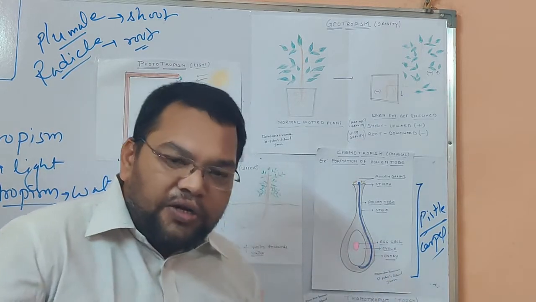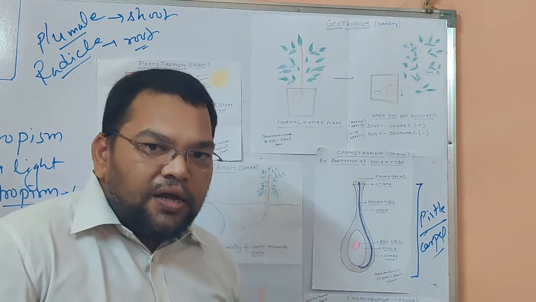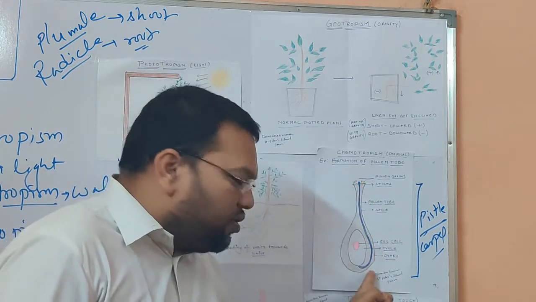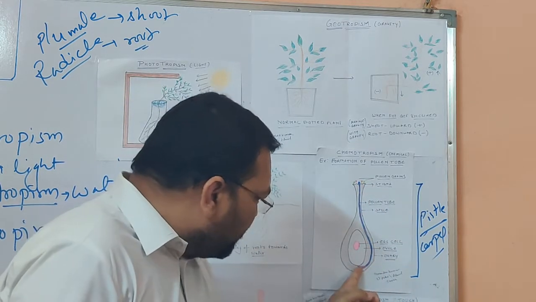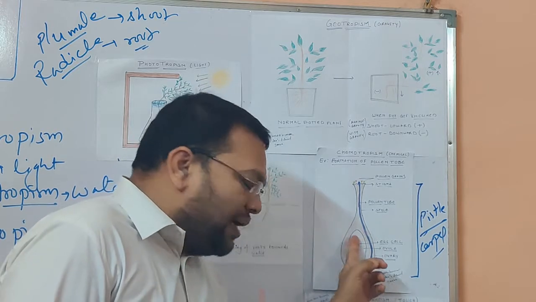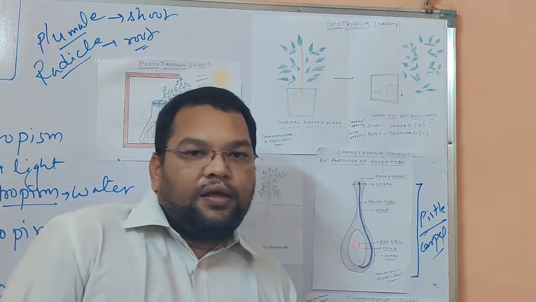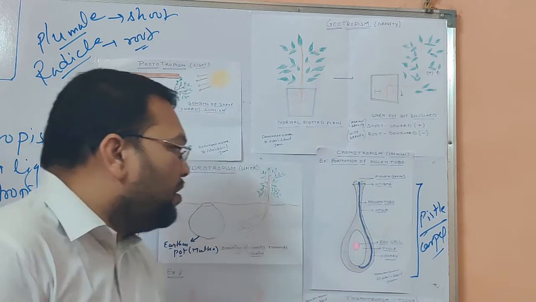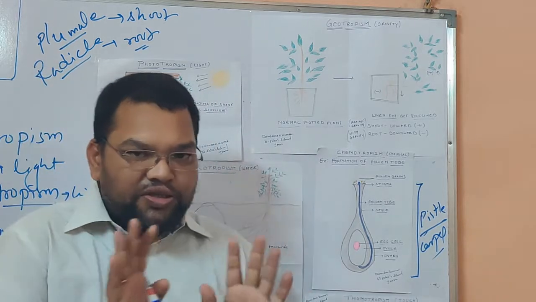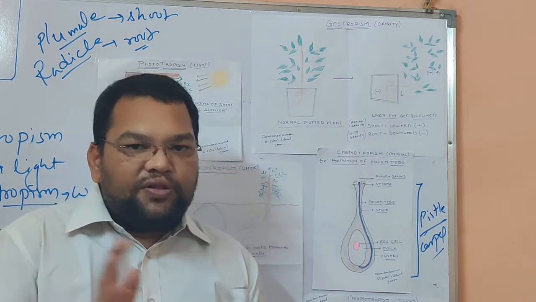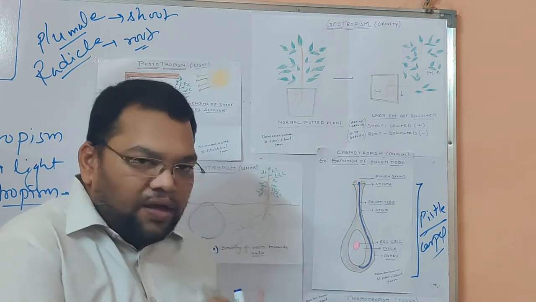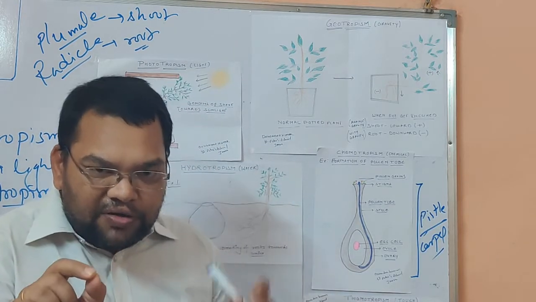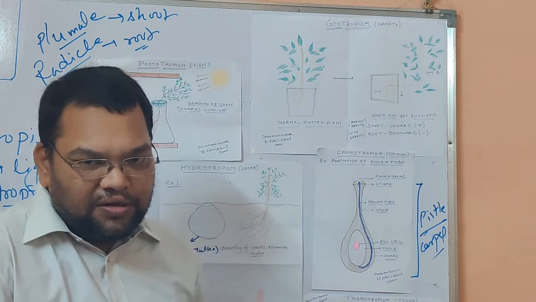And why is the pollen tube formed? Because through this pollen tube, the two gametes are going to go inside and fertilize this egg. Now I am repeating it. When we see reproduction in the plant, the male gamete is going to fertilize the female gamete.